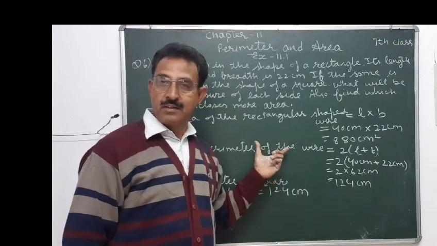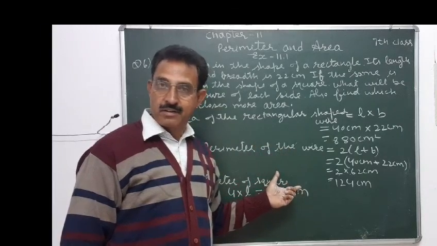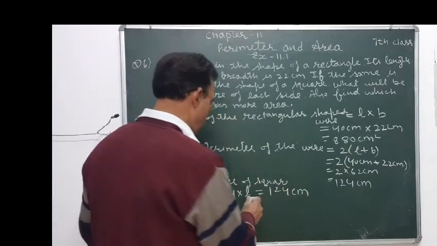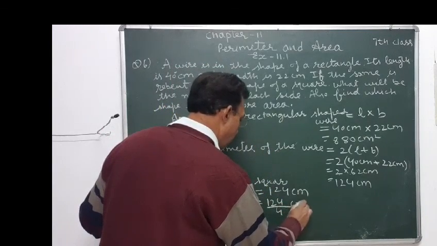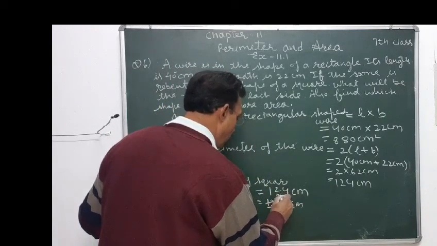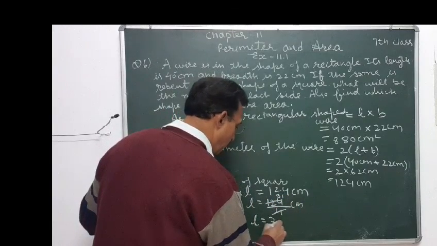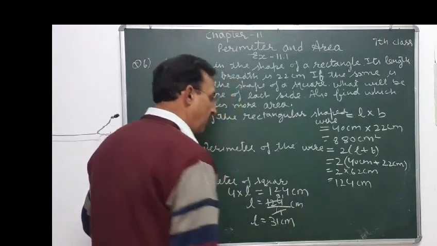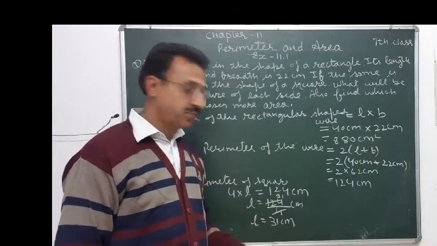So the length of the wire is also the perimeter of the square. So L is equal to 124 upon 4 centimeter. 4 3s are 12 and 4 1s are 4. So the length comes out to be 31 centimeter.